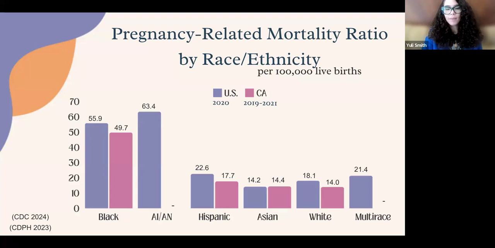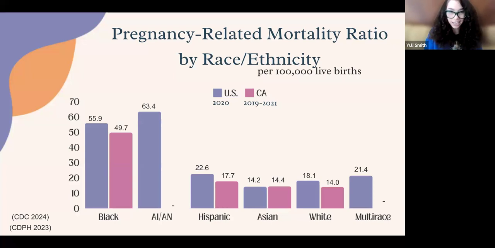And you can see here for California, there are no statistics gathered for American Indian or Alaskan Natives. And also there's no statistics gathered for multi-race when it comes to pregnancy-related mortality ratio. That does not mean that they're not occurring.